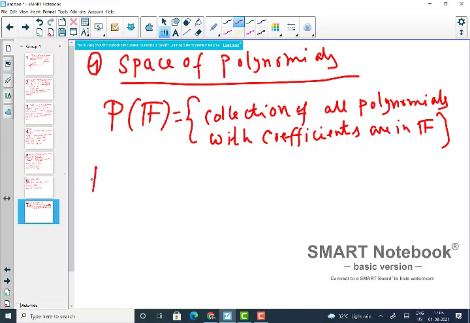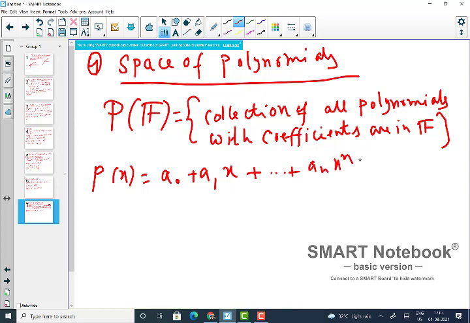So a typical element will be of the form: some polynomial p(x) will be something like a0, the constant term, then a1 x, and up to some highest term, say an x power n.